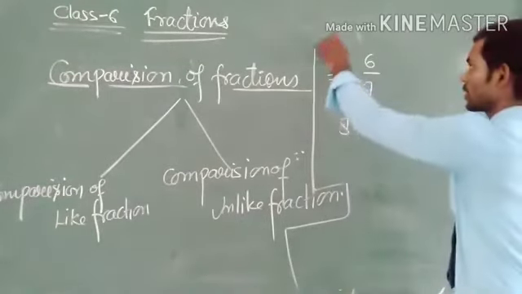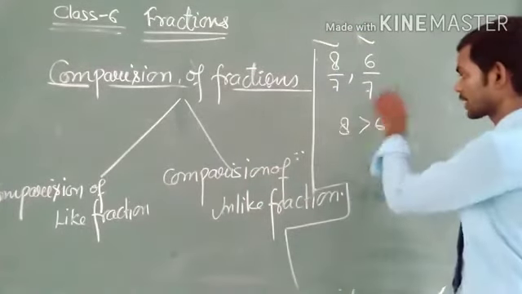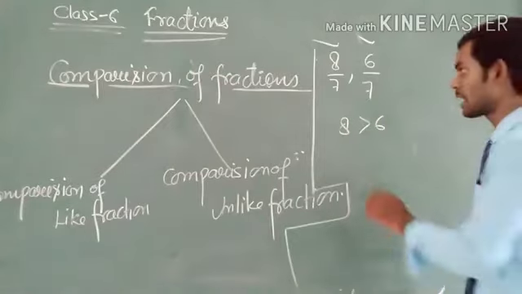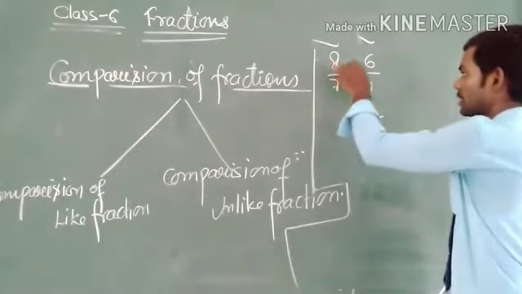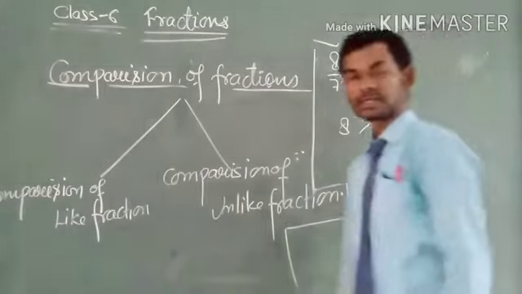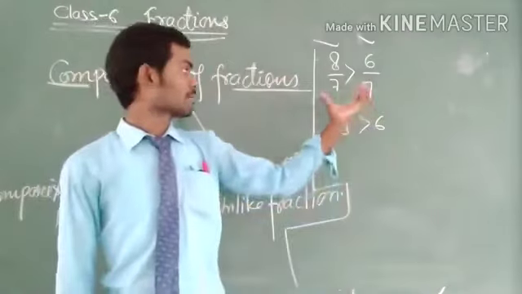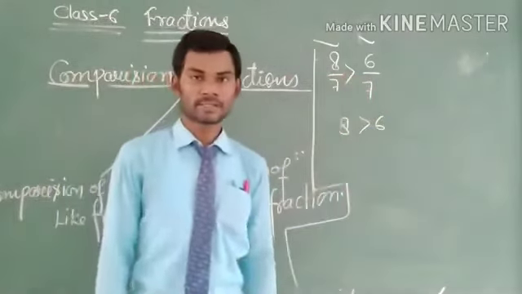If we see the numerators of the fractions, we get 8 is greater than 6, which means that the fraction 8 upon 7 is greater than 6 upon 7. Okay, this is the comparison of like fractions.